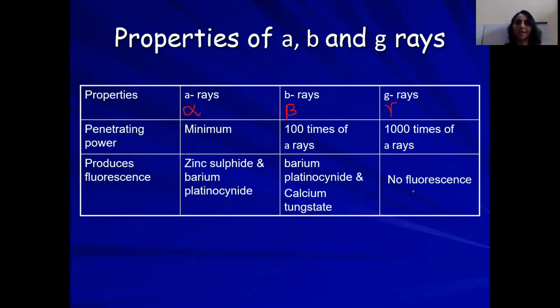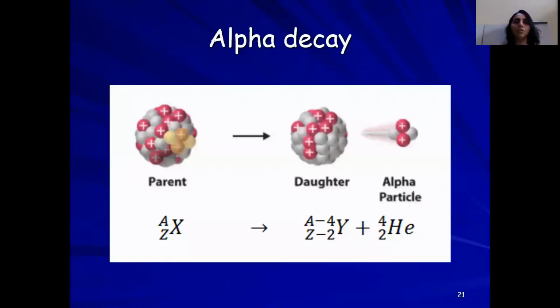So this was a comparative of the properties of alpha, beta and gamma radiations. When an alpha decay occurs, if this is the parent atom, then there would be a daughter and an alpha particle generated. Alpha particle is nothing but a helium nucleus.